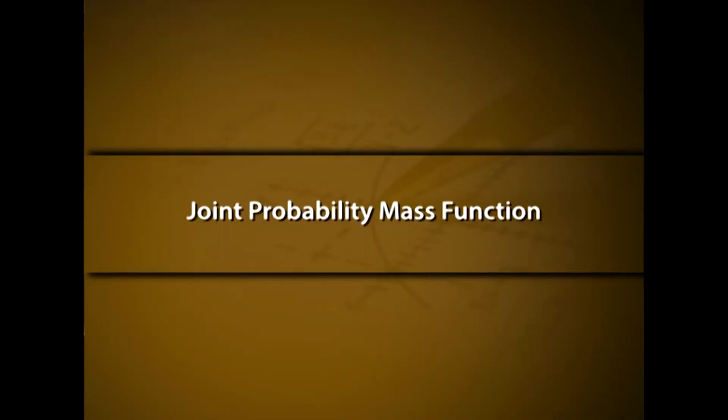Joint probability mass function. Consider two discrete random variables x and y defined on a particular random experiment. Let the range of variation of x, Rx, be equal to the set containing points x1, x2, etc., and that of y, Ry, equal to the set containing points y1, y2, etc., respectively.